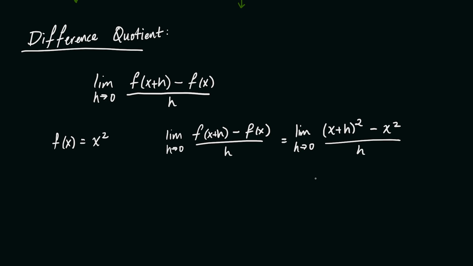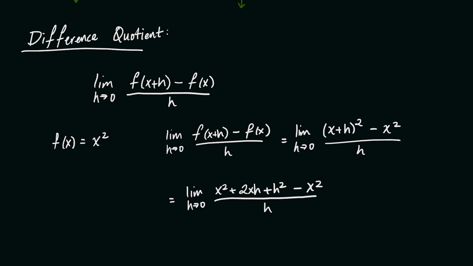For our x plus h parentheses squared, we can use a binomial theorem, which is also Pascal's triangle, but since this is in a really small case of the highest exponent of 2, we don't really have to use it. So that'll just be equal to the limit as h approaching 0 of x squared plus 2xh plus h squared minus x squared, of course, all over h.